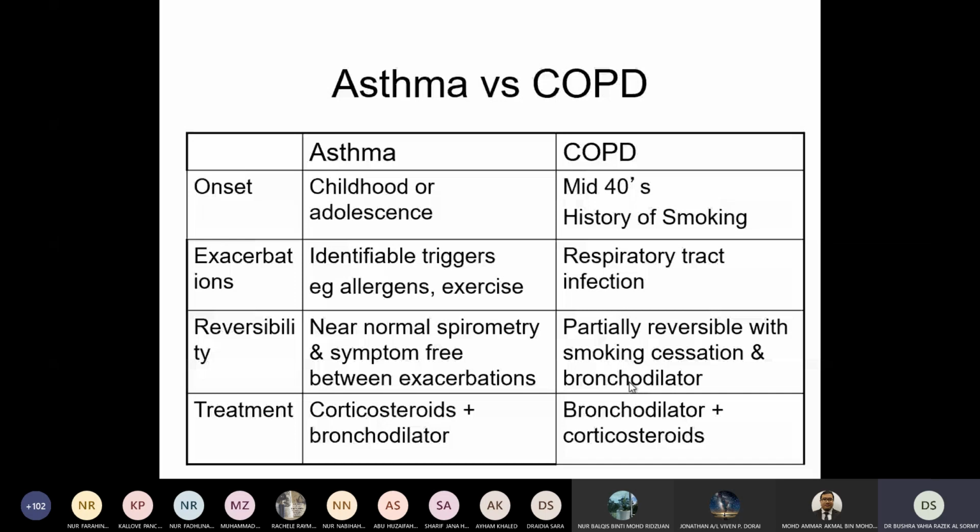But in asthma, we also need to dilate the bronchial wall and release the inflammation.